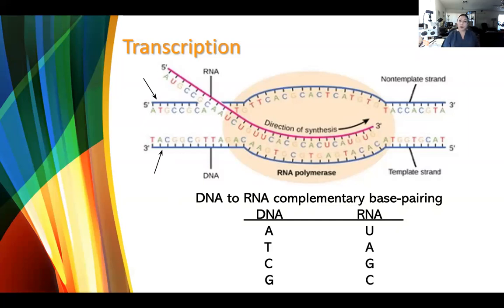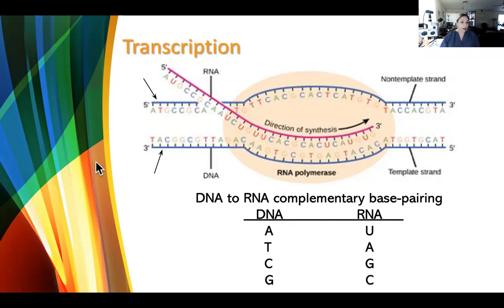Well, in transcription, the DNA strands will separate in a certain area. RNA will be produced. RNA comes off of the DNA template. The DNA strands go back together to form the DNA double helix. So my arrows are pointing to the DNA strand in the double helix.